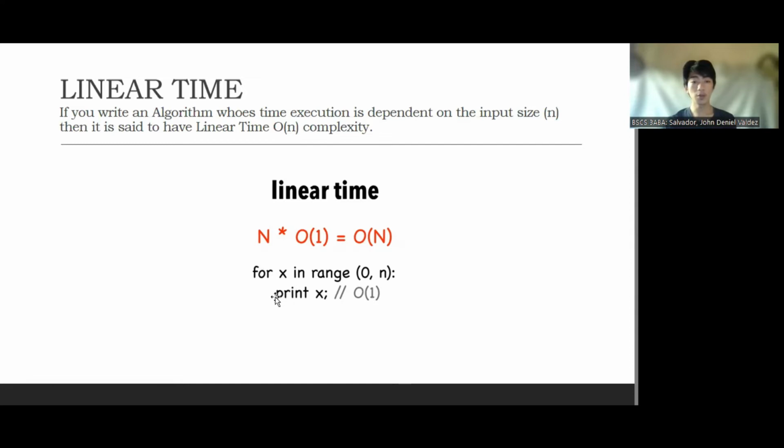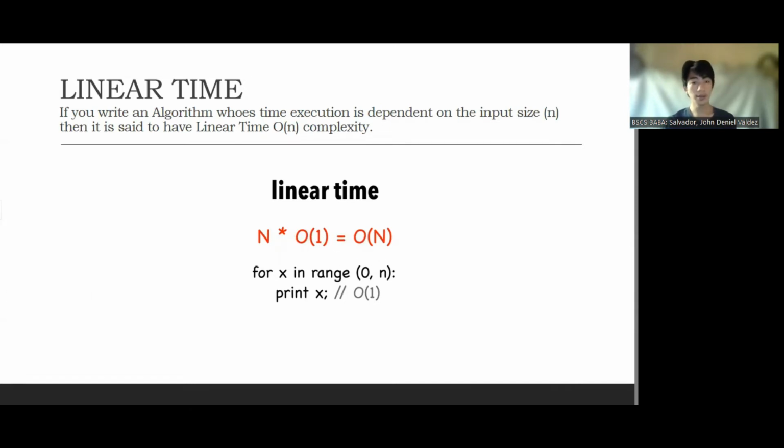Itong print x, it will execute sa number of times kung gaano kadami yung for loop na to. So, ang time complexity natin is Big O of n, kasi nga n times itong print x is yung Big O of 1. So, n times Big O of 1 is equals to Big O of n.